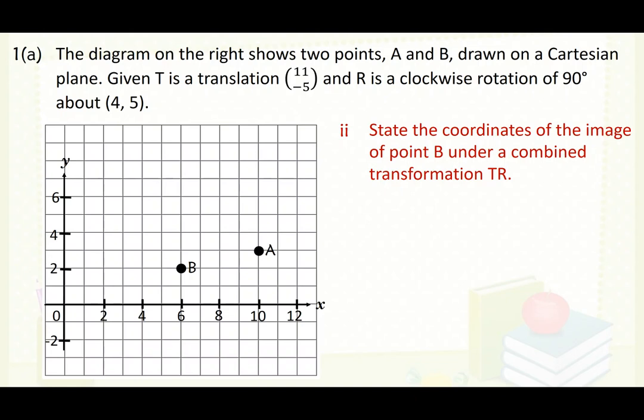To state the coordinate of image B, now I want to do for image B under a combined transformation TR. So I will use a diagram. 现在我会用 diagram 来 summarize 我的题目。So B goes to B prime and B prime prime.